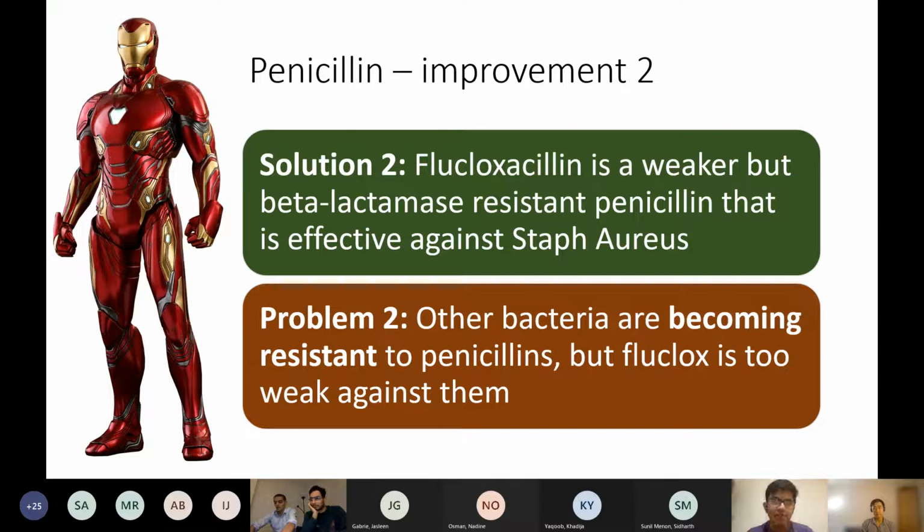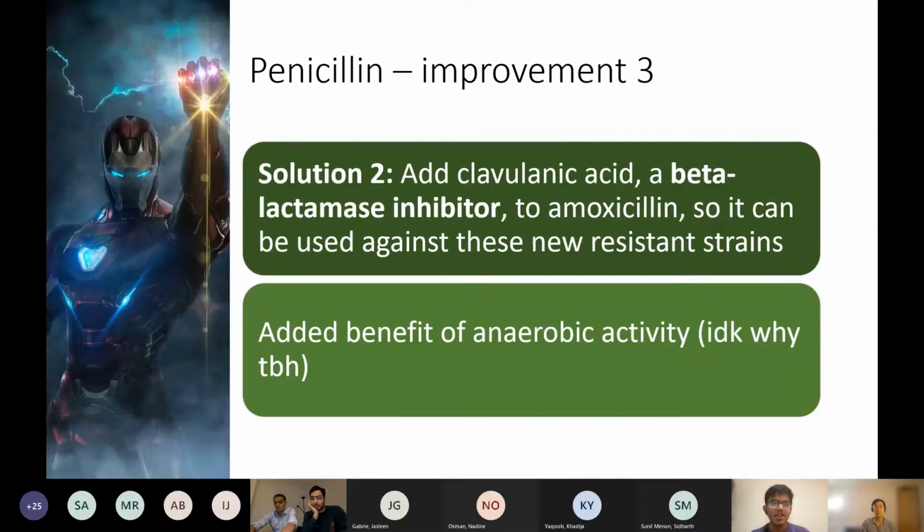But yeah, problem number 2 was other bacteria were starting to become resistant to penicillins, and Fluclox wasn't strong enough to beat these. And you've already given me the answer to the next question, which is basically add a beta-lactamase inhibitor to the penicillin. So co-amoxiclav is where you add clavulanic acid to amoxicillin, so it can be used against all of these resistant strains.